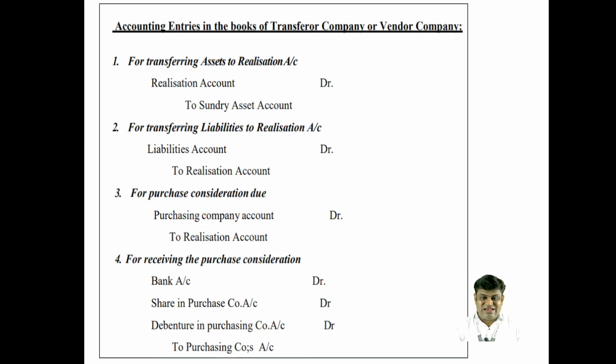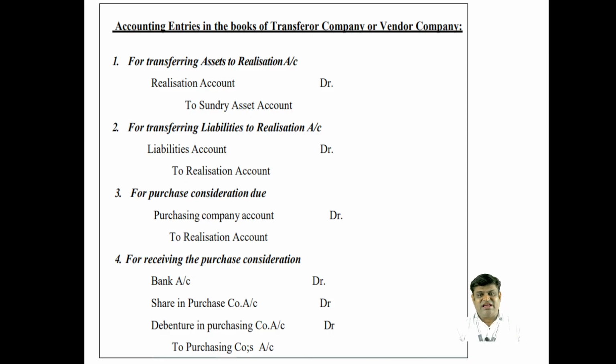When we want to remove these assets from the asset side, we have to credit these assets. Unless we credit them, the assets will not be removed from the balance sheet. So in this entry, the assets shown in the balance sheet of the vendor company with a debit balance are cancelled and transferred to the realization account, which is debited, and the asset accounts are credited.